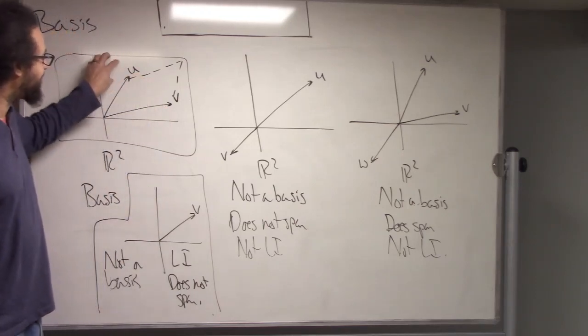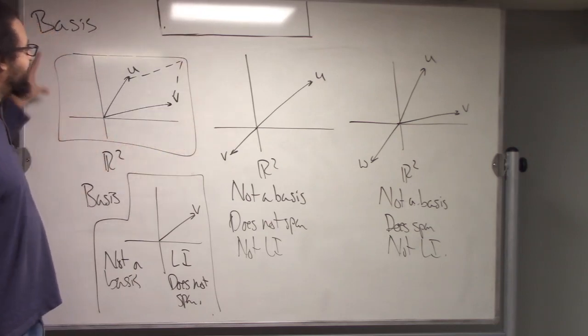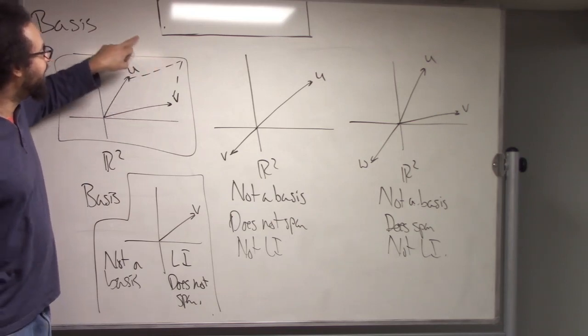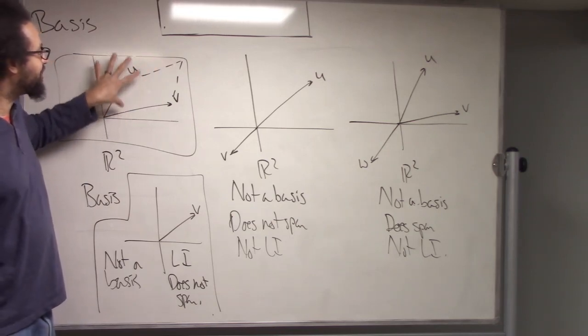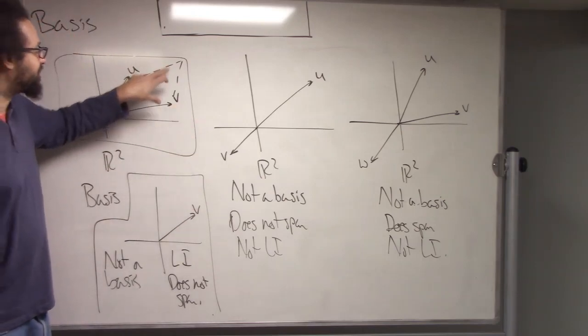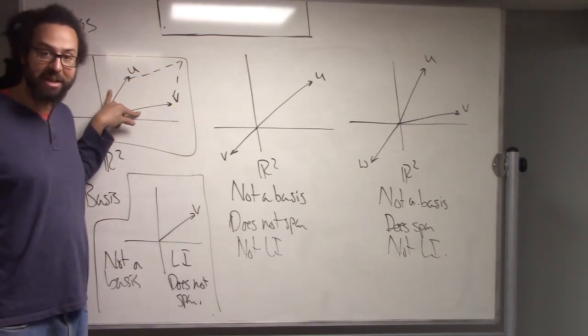So I could take this parallelogram and tile the whole plane, and eventually any point in the plane, you can stack tiles to reach that point. So every point in R2 is reachable using these two vectors, right?